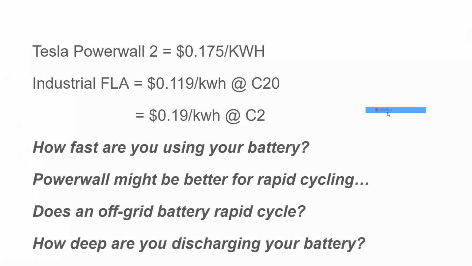And so the sales rep who's telling you the Tesla Powerwall is more cost effective is not lying. If I took this industrial flooded lead acid, which is much cheaper at a 20-hour discharge rate, and I discharged it over a 2-hour period, I would lose so much in heat that the effective rate of the battery would cost more than the lithium ion.